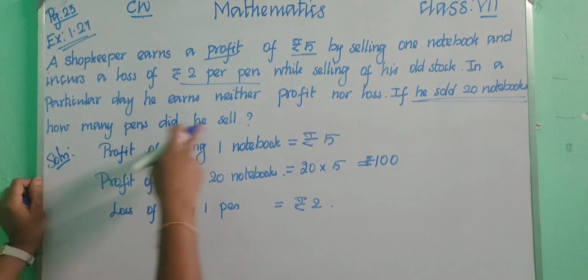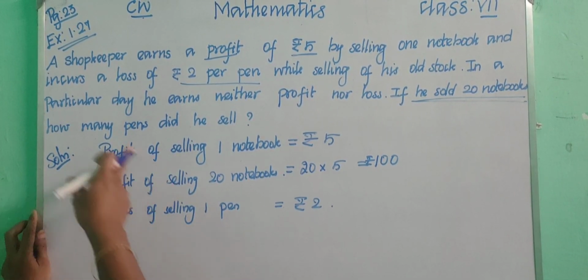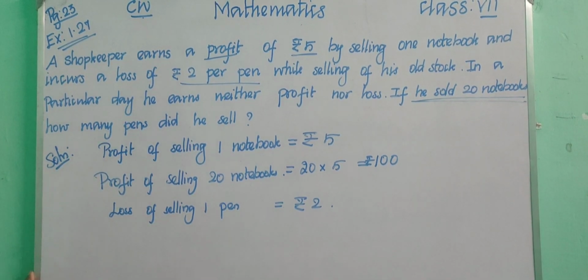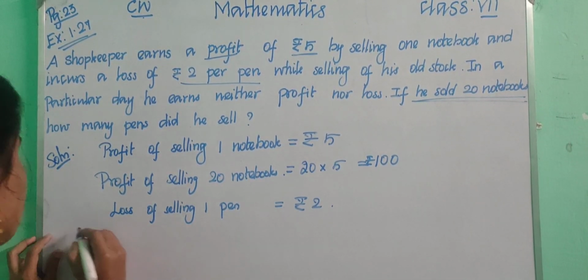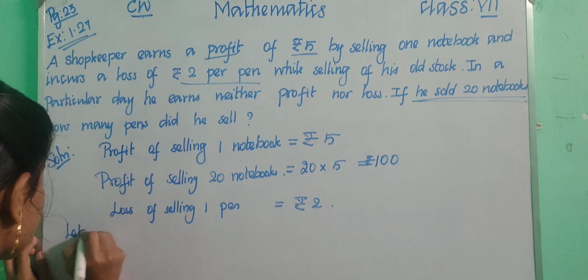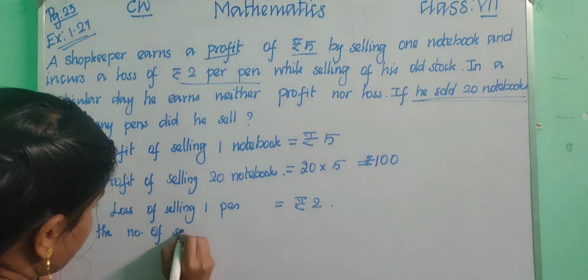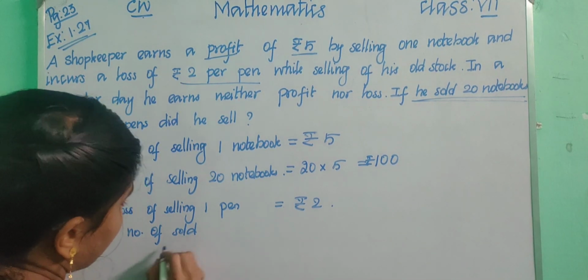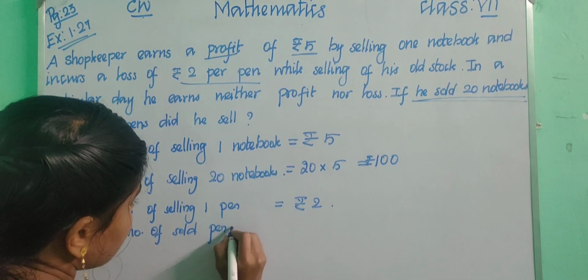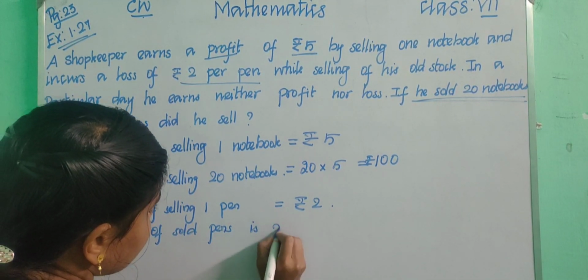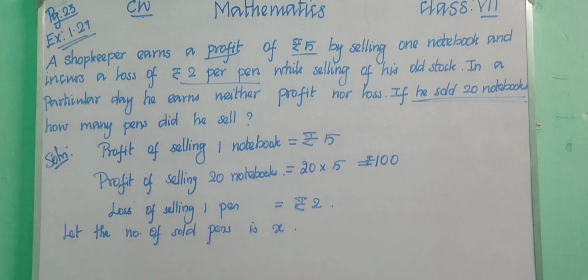We don't know that, so let us assume the number of pens sold as X. Let the number of sold pens be X.